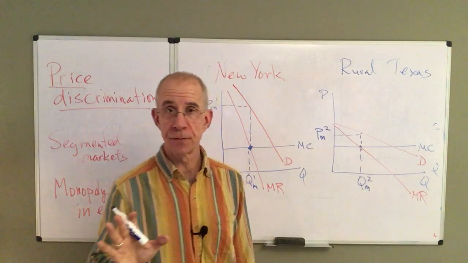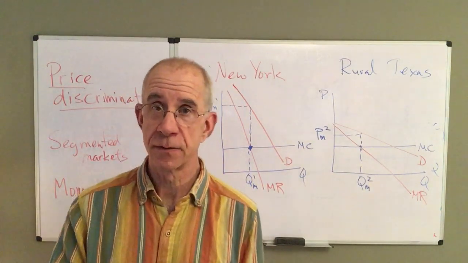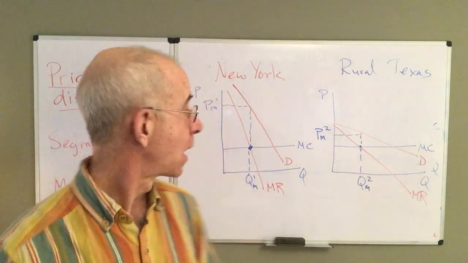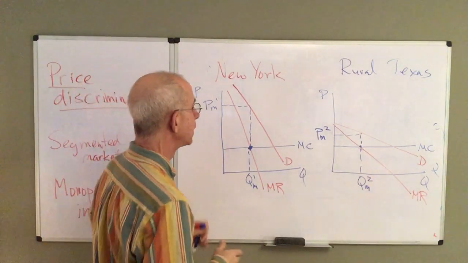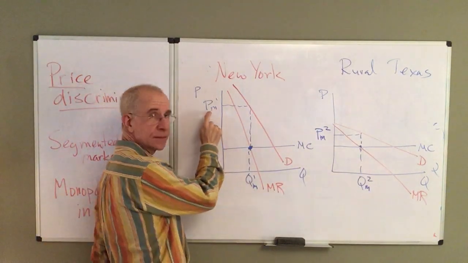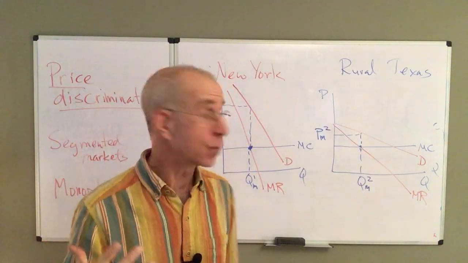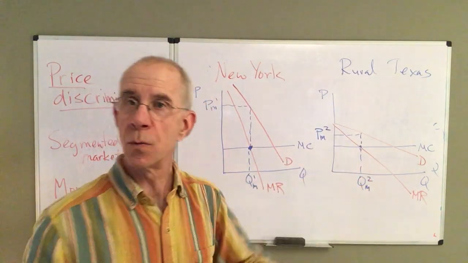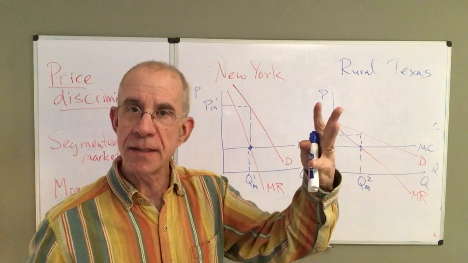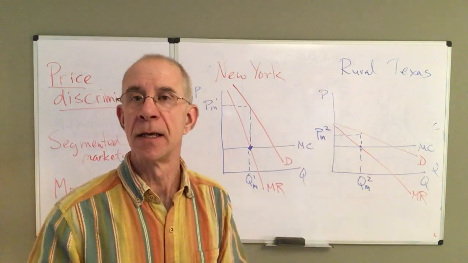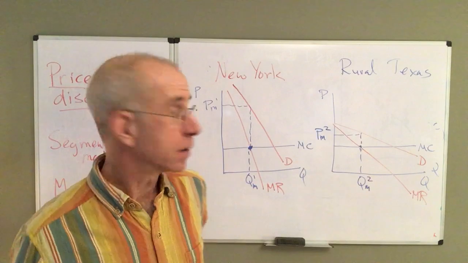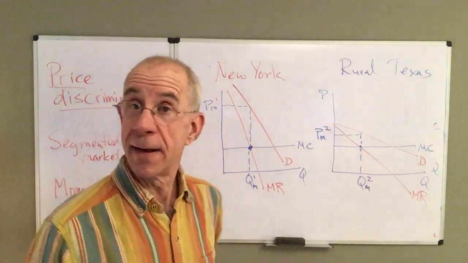Now, in both markets, price exceeds marginal cost. But what you see is that the price in the market that has inelastic demand relative to the other market will see a higher price. So you'll tend to see these higher prices in markets where there's more inelastic demand.